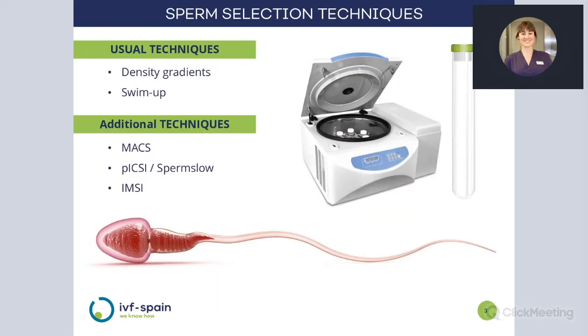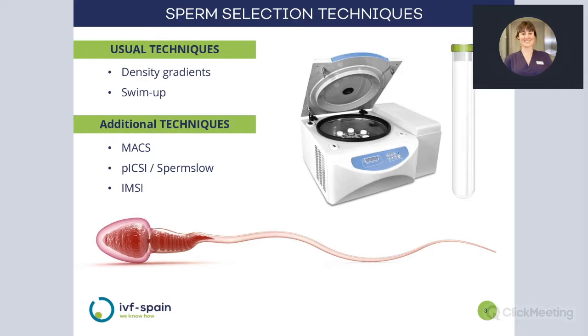So we're going to start speaking about some techniques that are used in the embryology laboratory. It's called a complete guide, but this would be impossible in an hour, so we're just going to make a little summary. The first techniques used in the laboratory occur on the day of the egg retrieval.